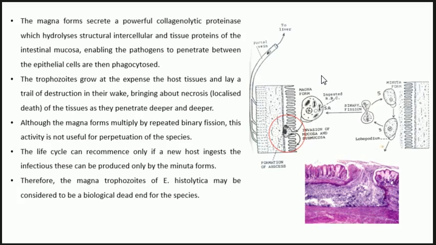So these collagenolytic enzymes, also proteinases, hydrolyze, or cut, the structural intercellular tissue proteins of the intestinal mucosa and submucosa, enabling these pathogens to enter the tissue and penetrate between the epithelial cells. We have a layer of epithelial cells, as you can see, this is the layer of epithelial cells.